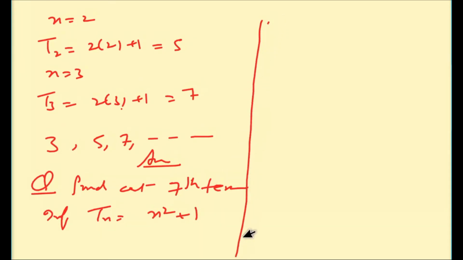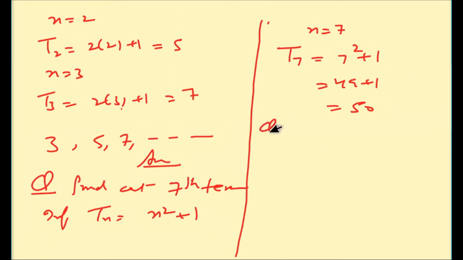So student, when we put n equal to 7, we will find 7 square plus 1, 49 plus 1 is equal to 50. So according to this type of question, you can find, according to the given conditions, the series or the number of terms which you want to find, as here the 7th term. Okay student, let's take another example.